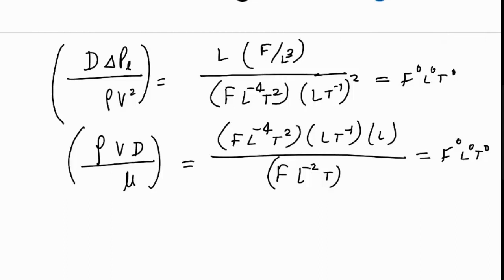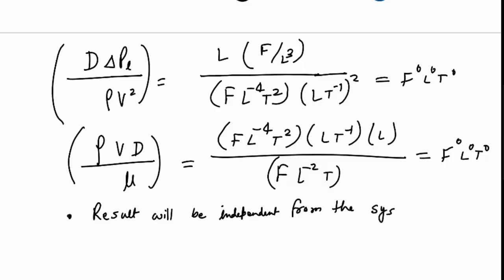So either you perform in one system or in another system, there are different systems, different units. In any system, you will have the same results. So you can say the result will be independent from the system of units we choose to use.